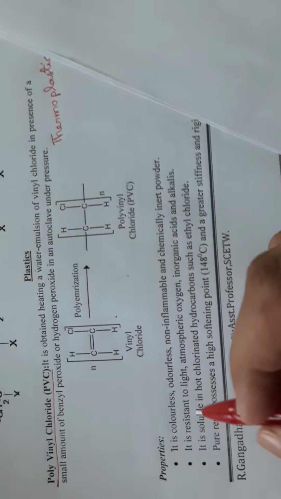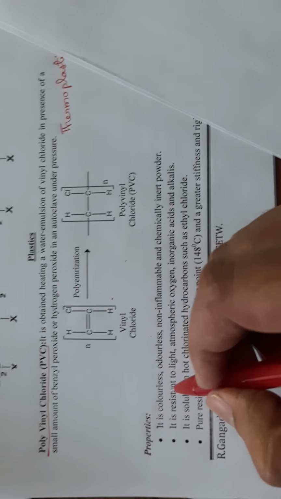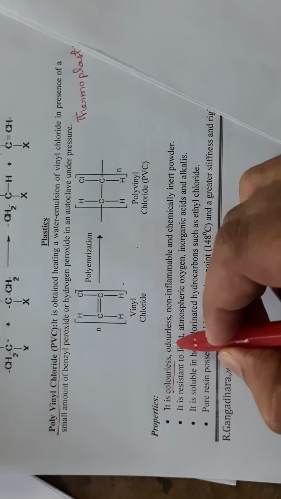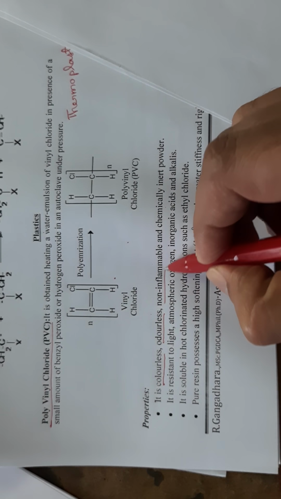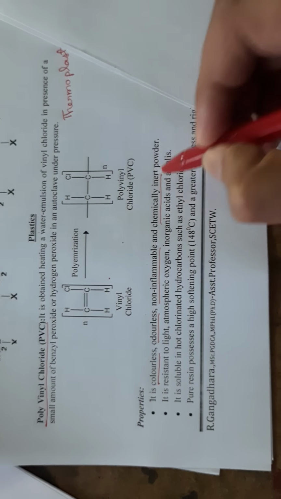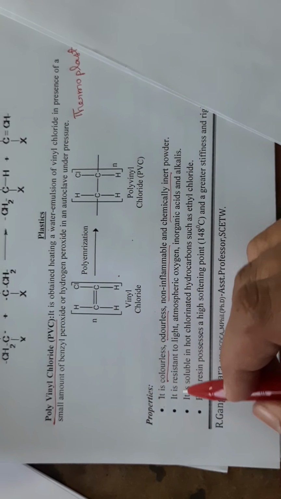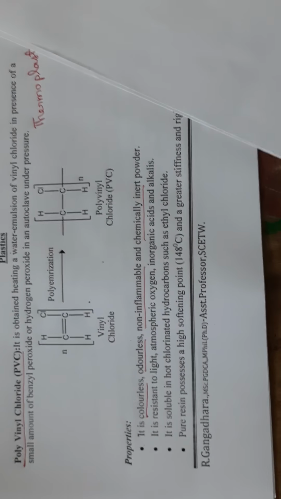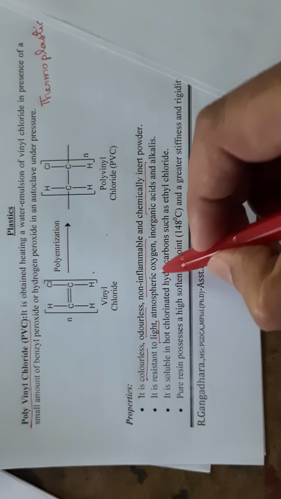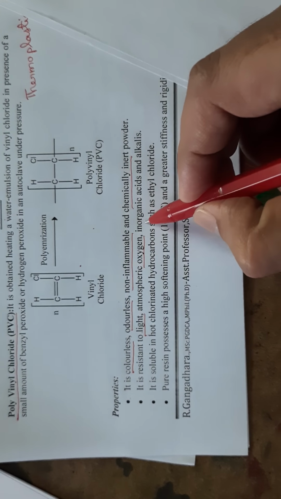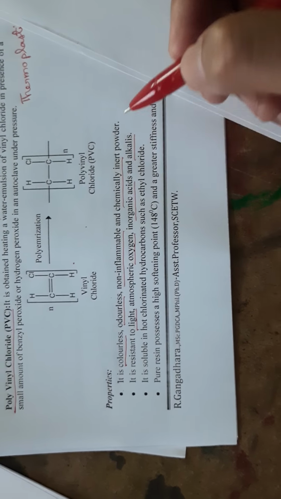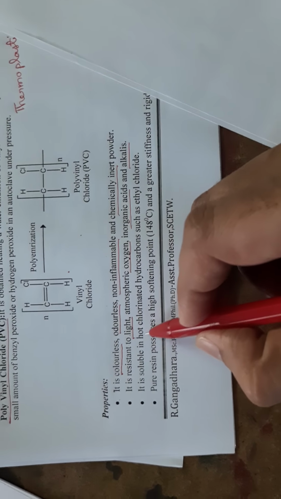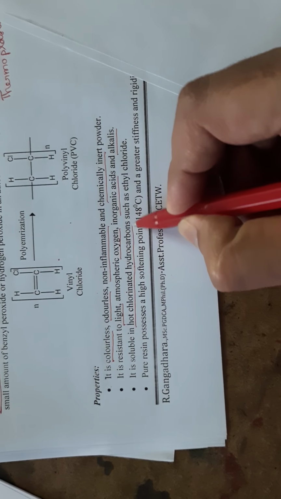And see the properties. Polyvinyl chloride has some physical and chemical properties. It is colorless, odorless, non-inflammable and chemically inert in nature. Another property is that it is resistant to light and atmospheric oxygen, some inorganic acids and alkalis. It is insoluble in hot chlorinated hydrocarbons such as ethyl chloride.